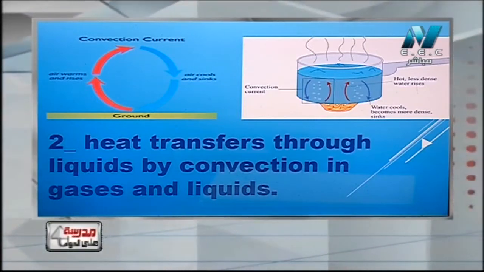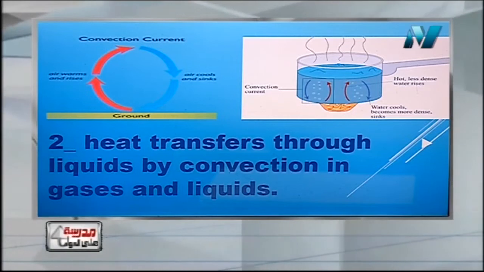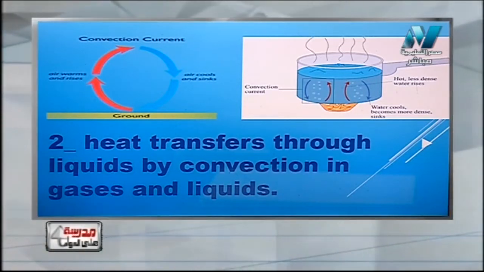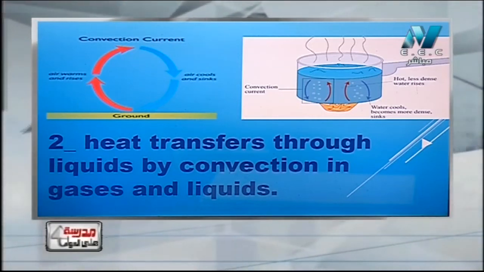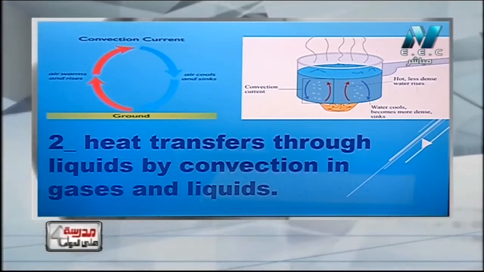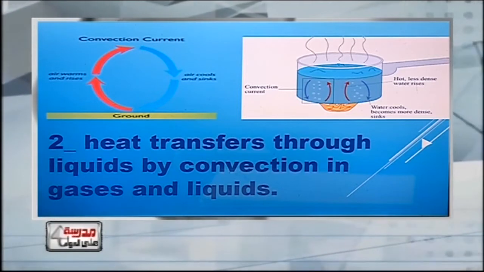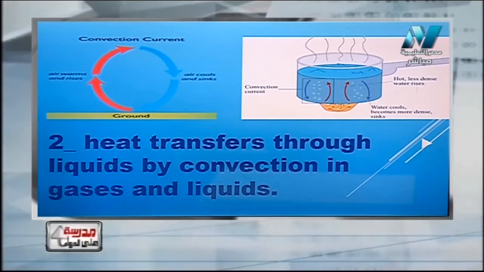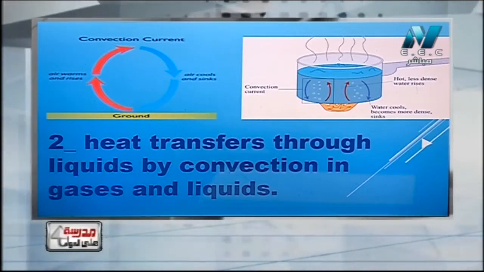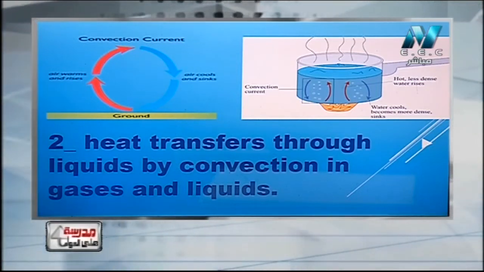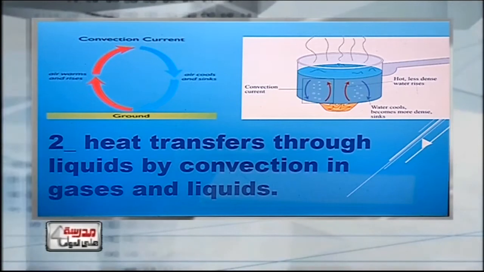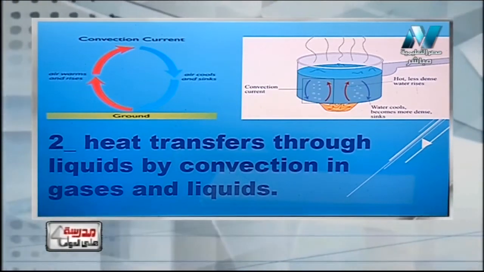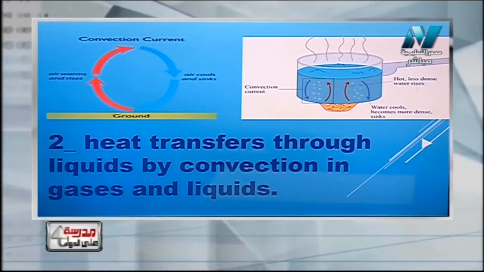The hot molecules of liquid with lower density go up, and the cold molecules with higher density fall down. So they are called liquid current or convection current, as you see.